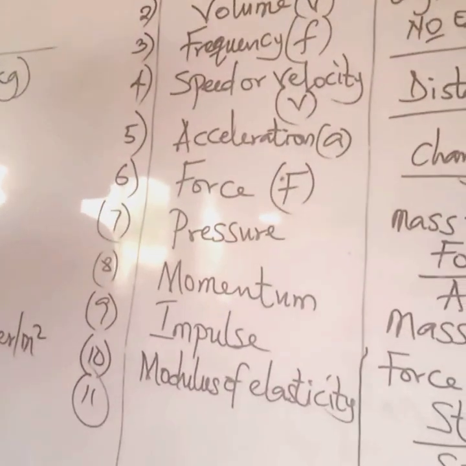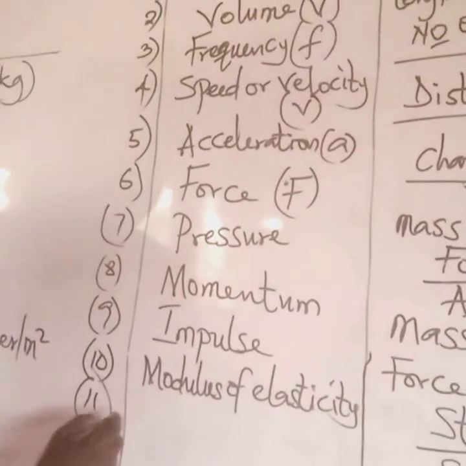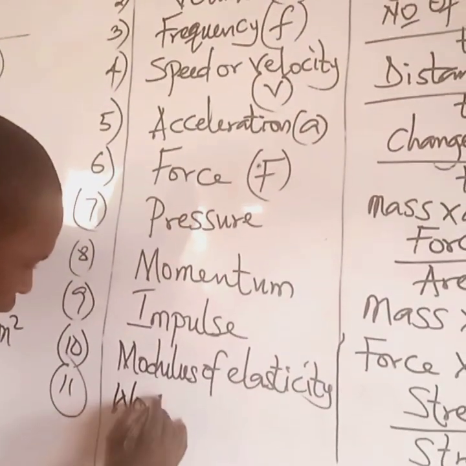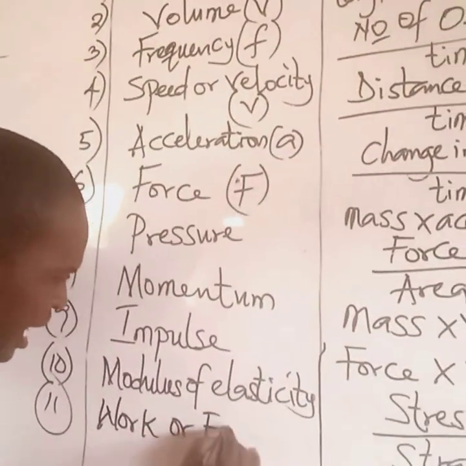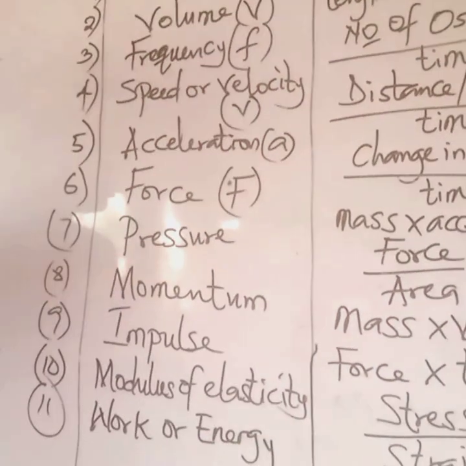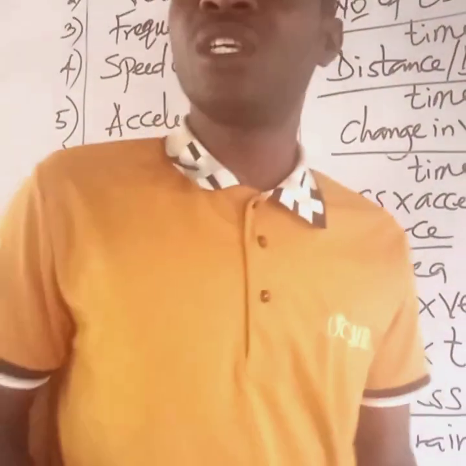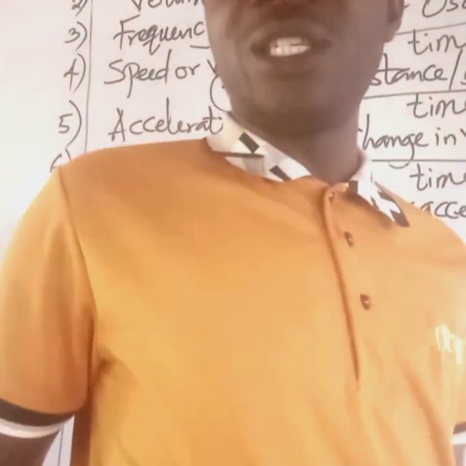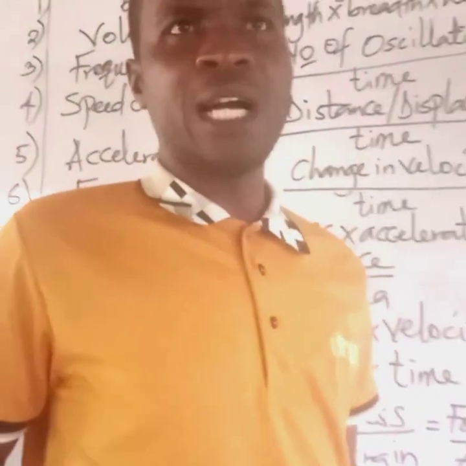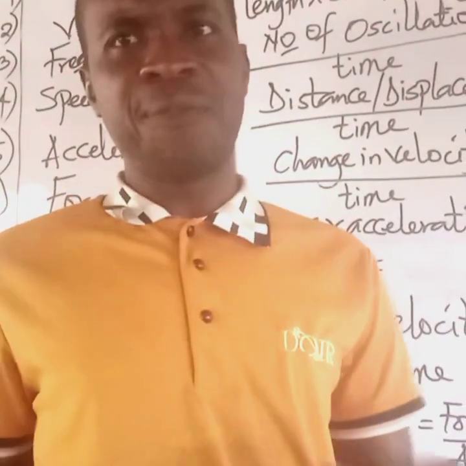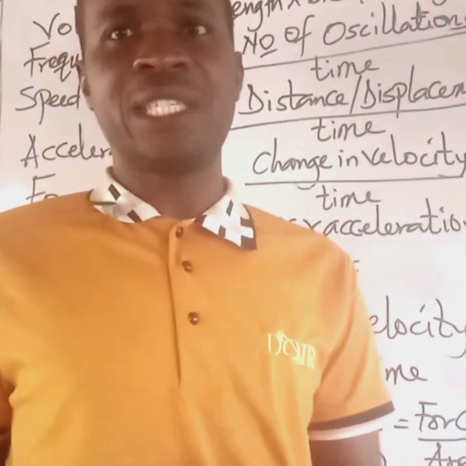We also have more. We can talk about energy or work. Now we use these two interchangeably in physics. I'm not going to disturb you on the differences now. They do not have the same definition.